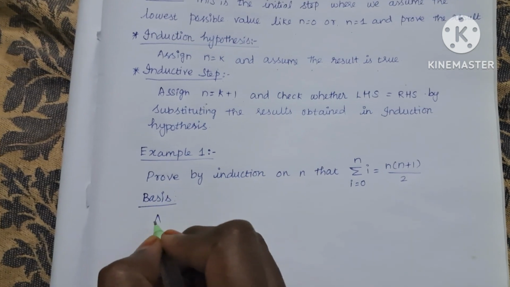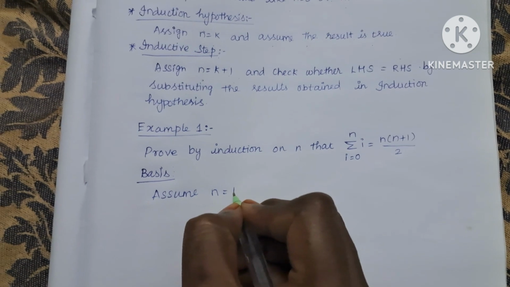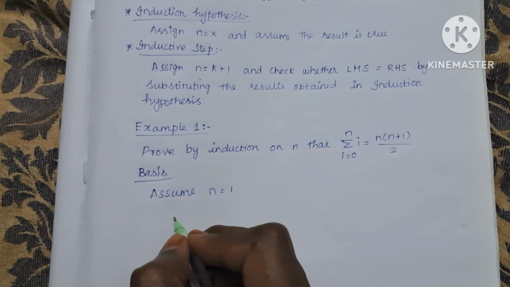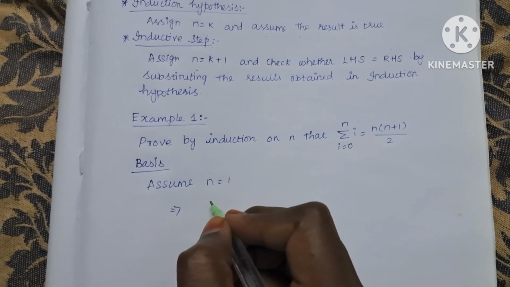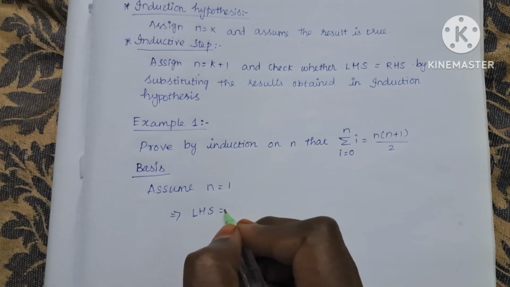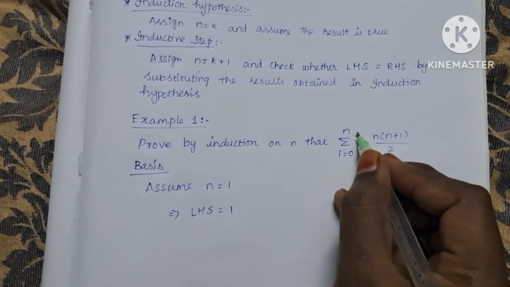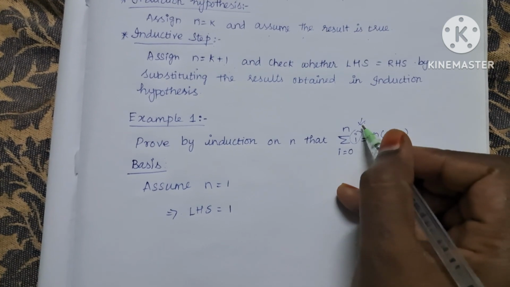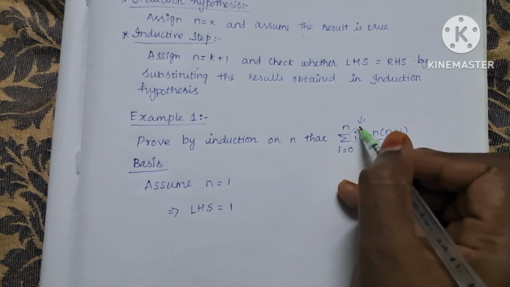So let's assume n equal to 1. So this implies left hand side is equal to 1. Here we are applying n as 1, right? So i is equal to 1.